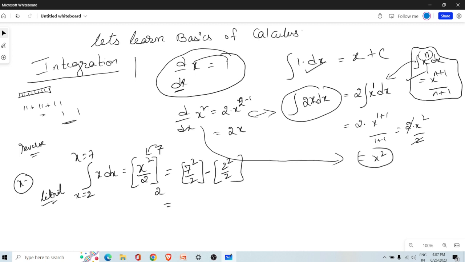Then this value becomes 49 by 2 minus 4 by 2, which is equal to 45 by 2. So on integrating between fixed limit values, we are able to solve the complete part.